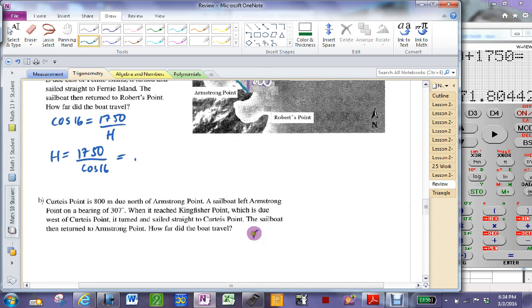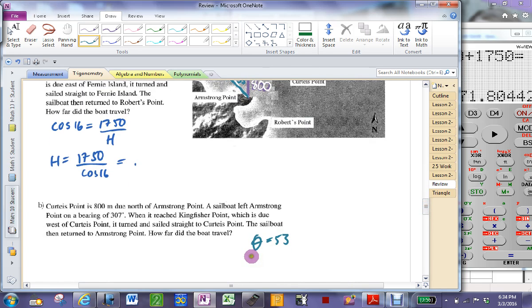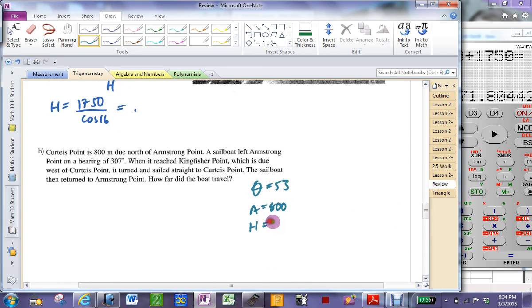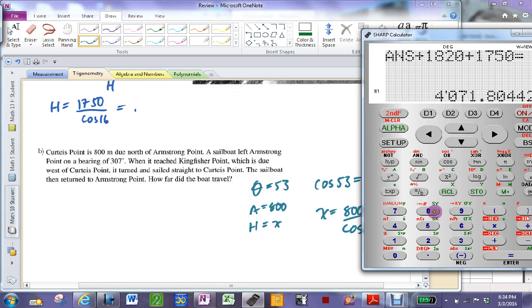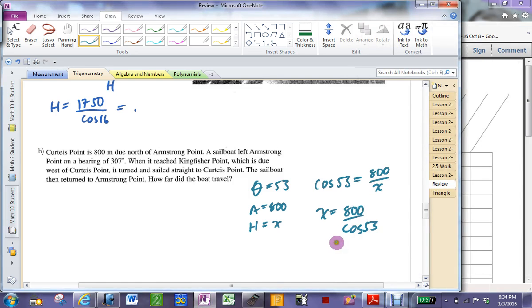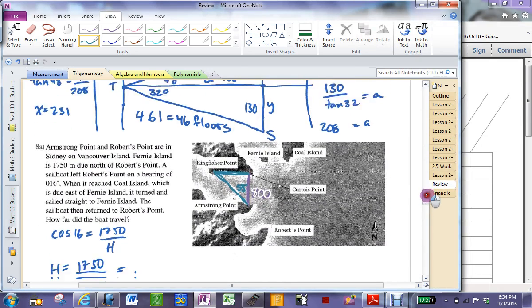I have a theta of 53, and I have an adjacent of 800. I need a hypotenuse, so I use cos. Cos 53 equals 800 over x. So x equals 800 divided by cos 53. 800 divided by cos 53 is 1329. That's my hypotenuse.